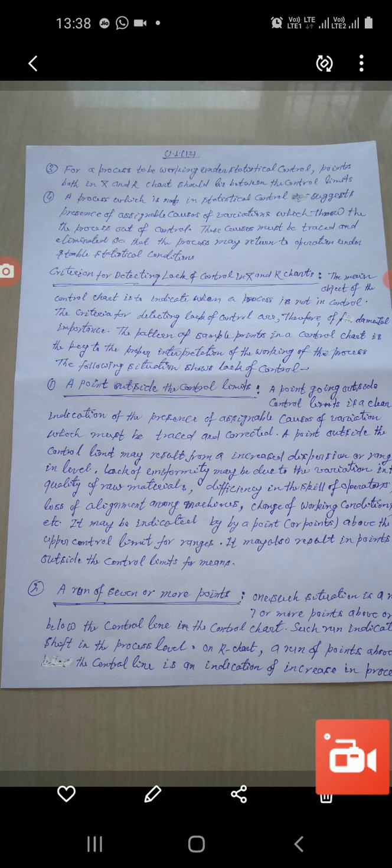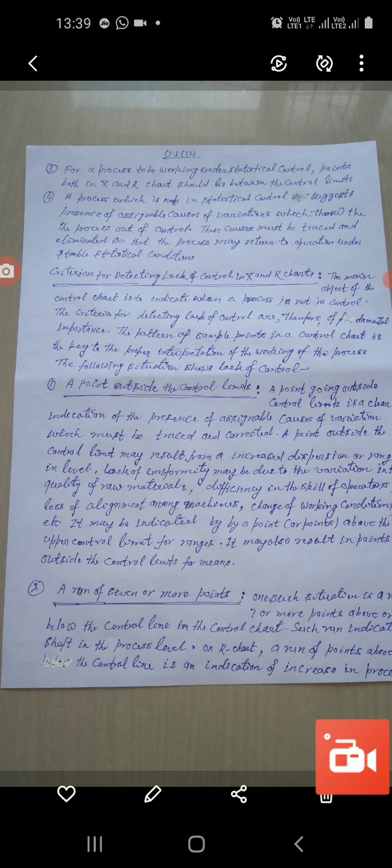A point outside the control limits may result from an increased dispersion or range in level. Lack of uniformity may be due to the variation in the quality of raw material.